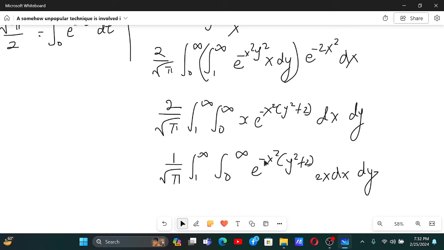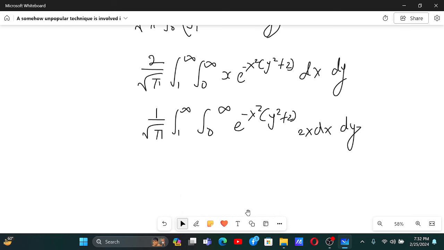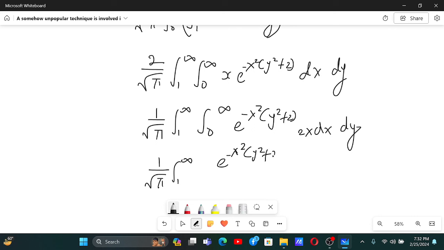So this is e to the power minus m times some constant, and that's easily integrable. So that's why we can make this as 1 by root pi, integral from 1 to infinity, of e to the power minus x square times y square plus 2, divided by minus y square plus 2, from 0 to infinity, and then dy.